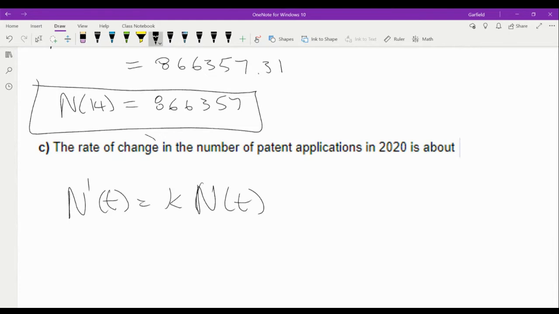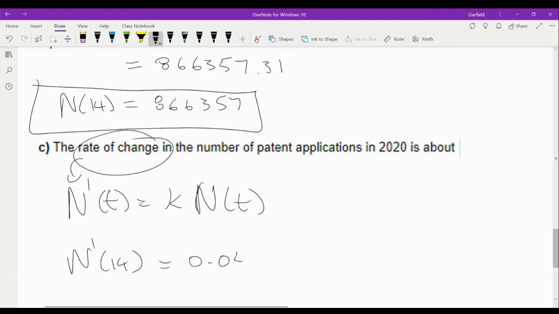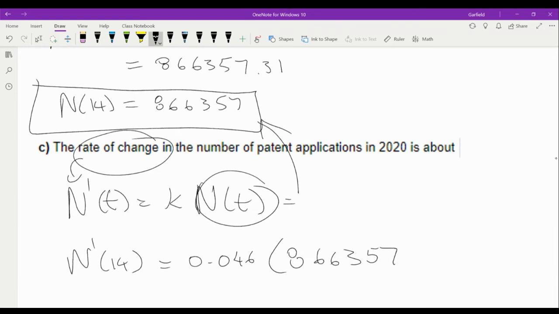So the rate of change, N prime of 14, would be equal to k, and k was 0.046 times N of t, which we just calculated up here, which was 866,357.